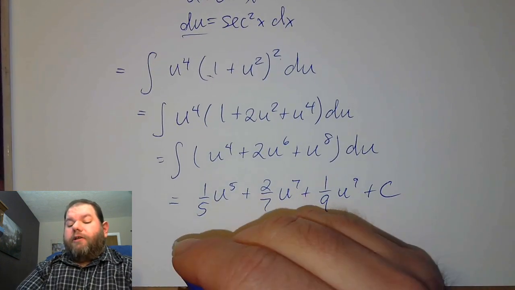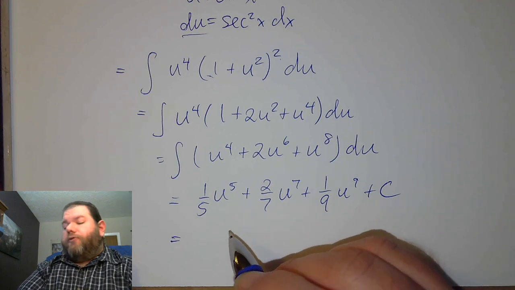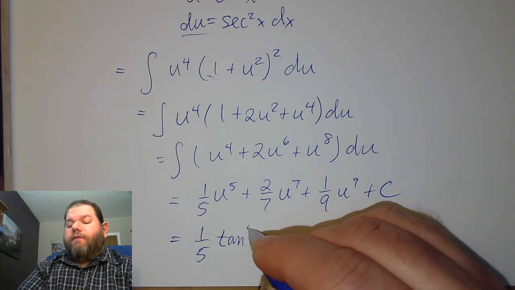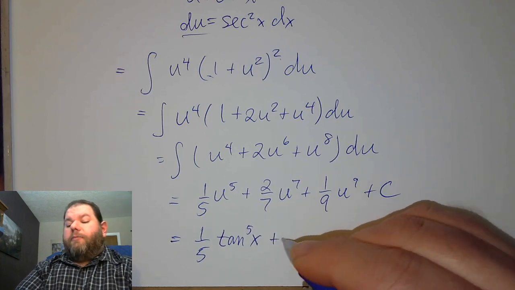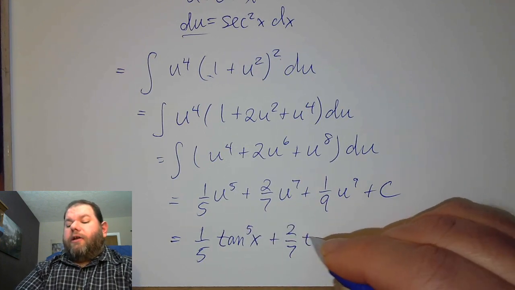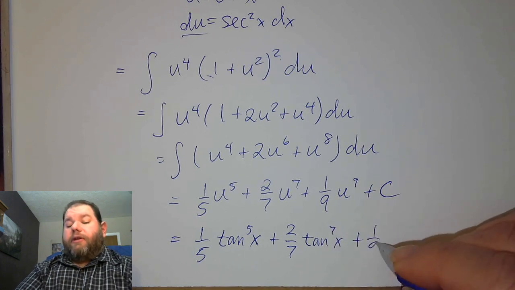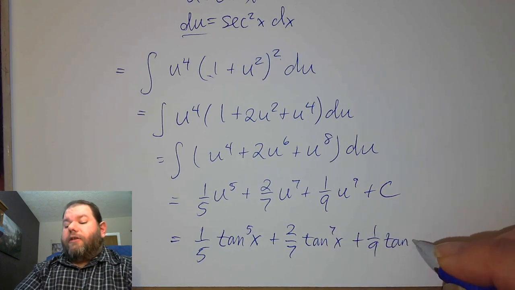And finally, just plug in our original u, which was tangent x. So 1/5 tangent to the 5th of x plus 2/7 tangent to the 7th of x plus 1/9 tangent to the 9th of x plus c.